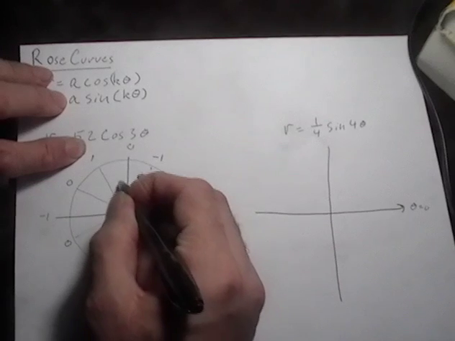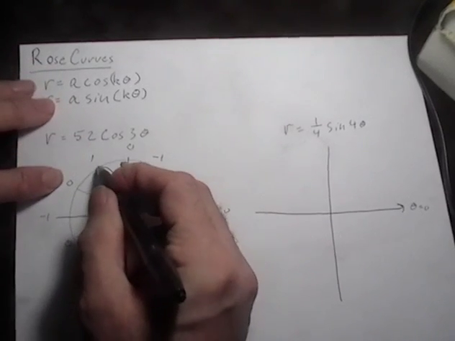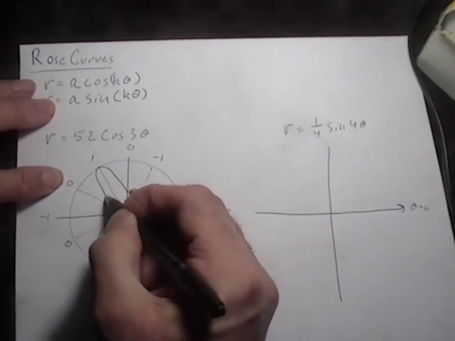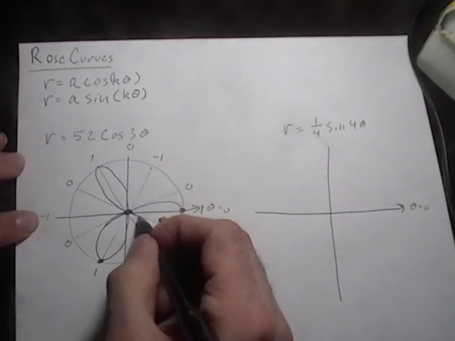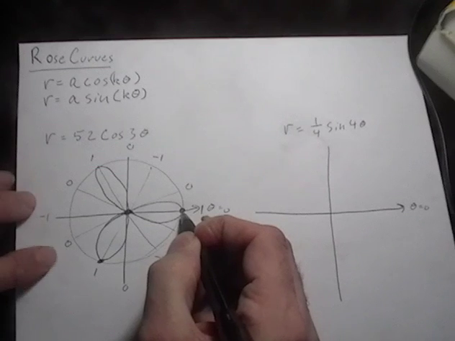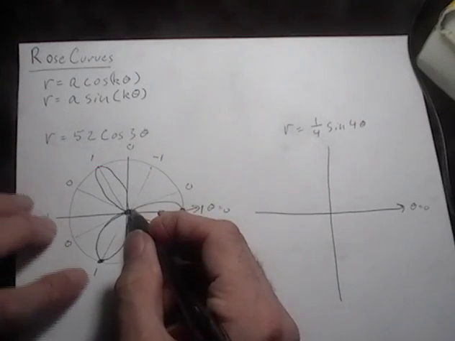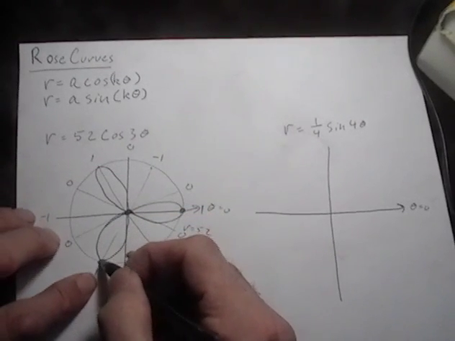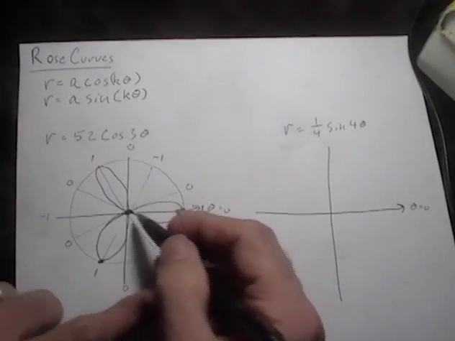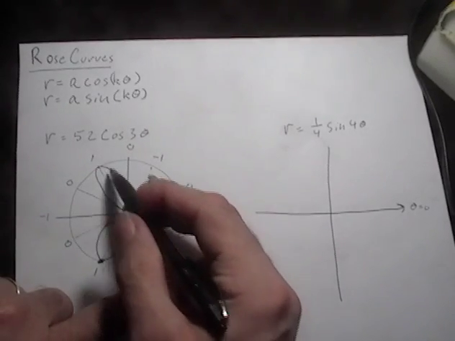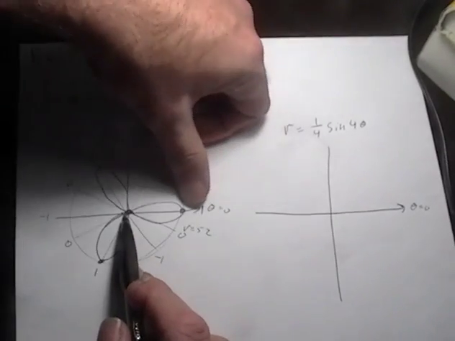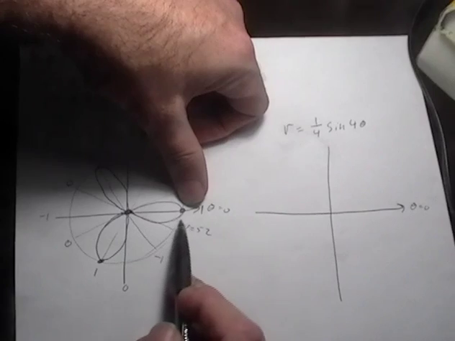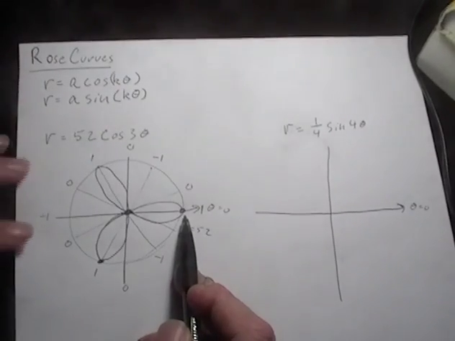1, I touch the outer edge. 0, I return. Negative 1, I hit the opposite edge. 0, I return. 1, the outer edge. 0, I return. Negative 1, the opposite edge. 0, I return. 1, I hit that edge.